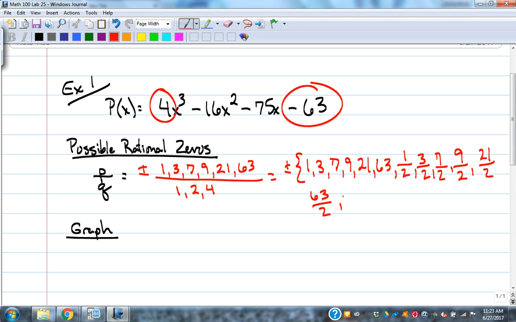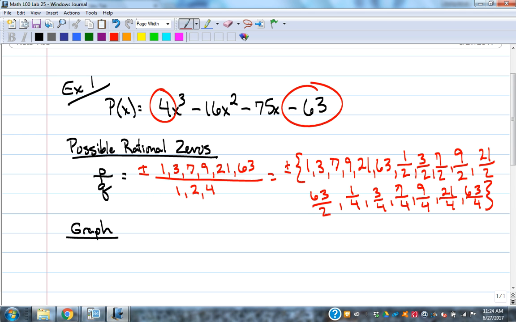And then again, dividing them by 4: 1/4, 3/4, 7/4, 9/4, 21/4, and 63/4. So a long list, but it still narrows our possible rational zeros to a much smaller group than if it were just every number in the universe.